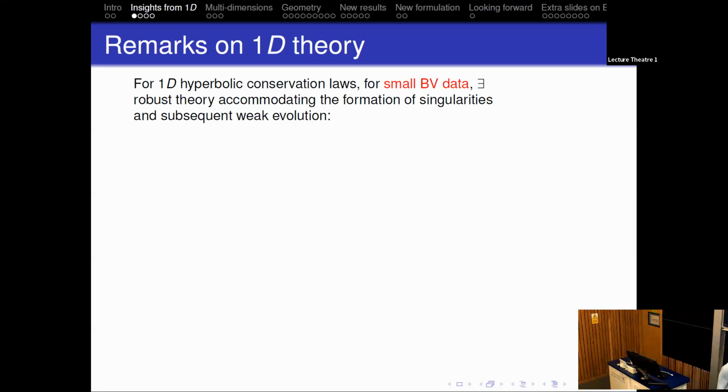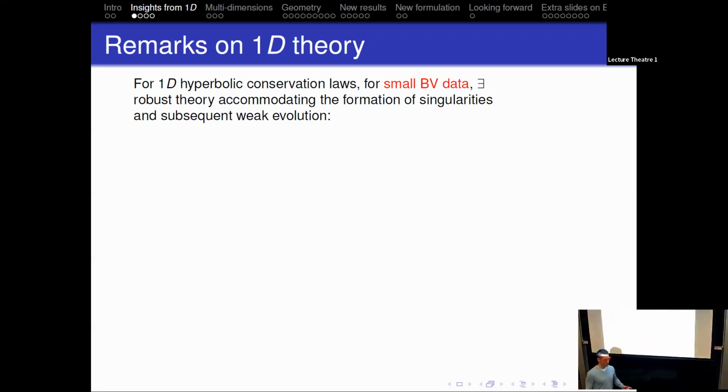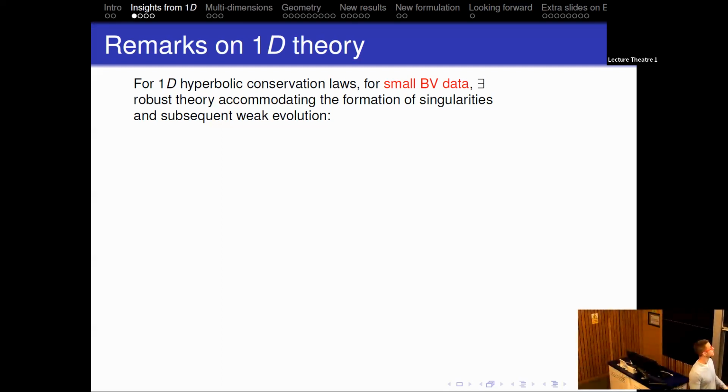And that theory kind of buries all the interesting interactions into the function space. So you can prove things about the solution without really having to zoom in on the detailed structures. And that theory in particular accommodates the formation of singularities and the subsequent weak evolution.